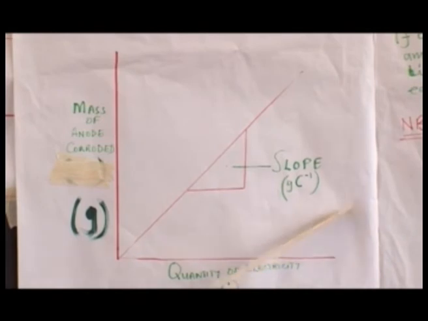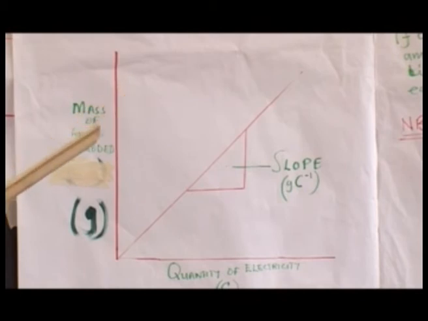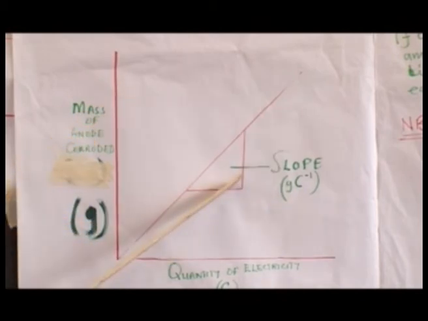And here is a sketch of the graph, I mean how the graph is supposed to look. Here is the slope. You are required to do the accurate plotting using the data available on the table of analysis of results.